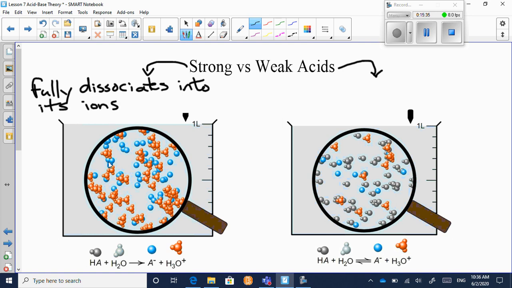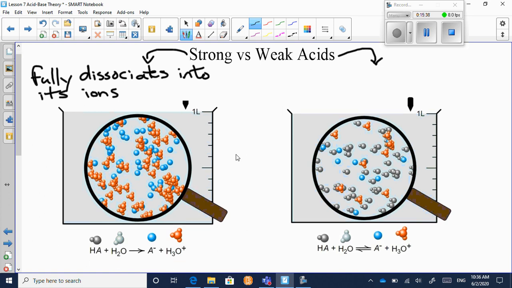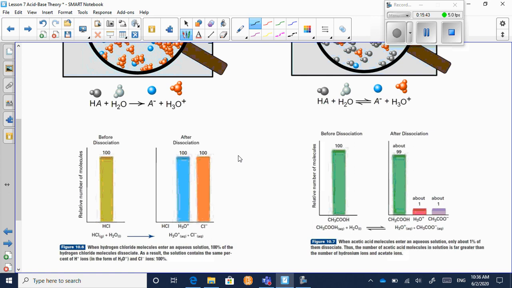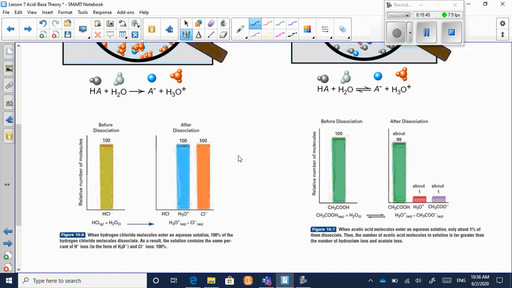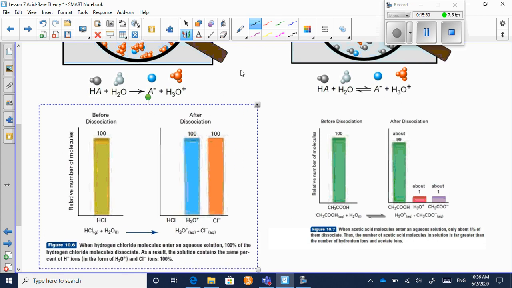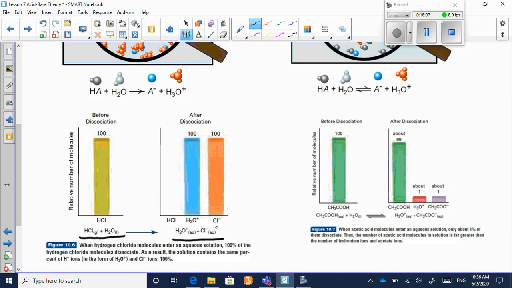Okay. So I've taken a picture of that app here. I also want to show it to you in graph form. And this is a graph from your textbook, but I thought it was a nice way of looking at this. It shows you that before dissociation, and really this is nice because it actually shows HCl, that HCl, after you place it in the water, fully changes into the ions of H3O plus and Cl minus.